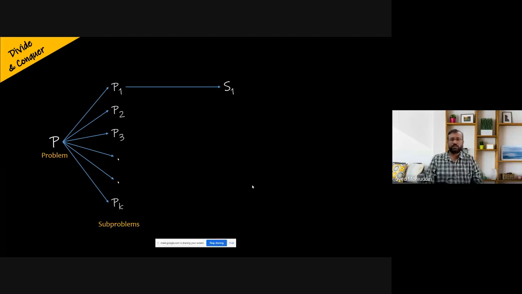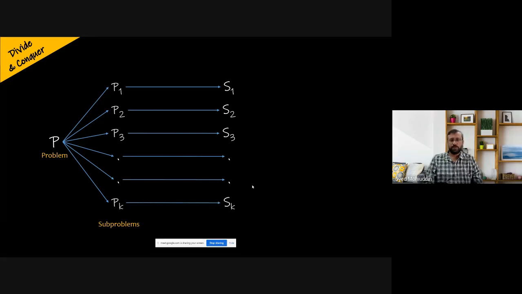S1 is the solution to sub-problem P1, S2 is the solution to sub-problem P2, and in the same way we have solutions for each sub-problem. Then the conquer part is when we combine these sub-solutions to get the solution to the original problem P.